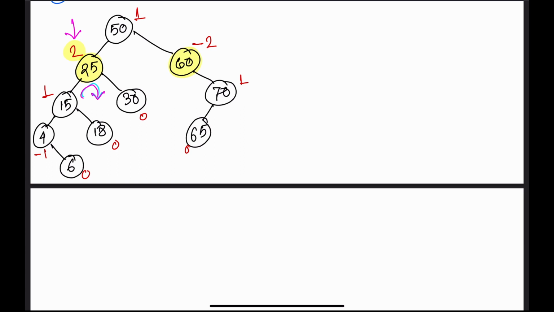Why right rotation is needed? Because in the left side the number of nodes are higher, right? That's why the height is higher, that's why it is positive. So we can say that if the balance factor is greater than 0 or positive, we can do right rotation.